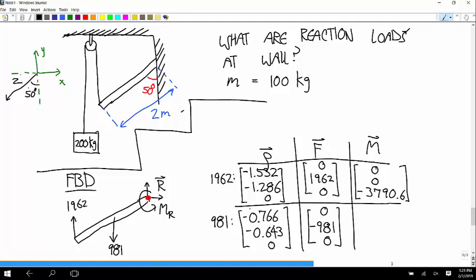And so what's 0.766 times 981? 751.4 in the Z direction.